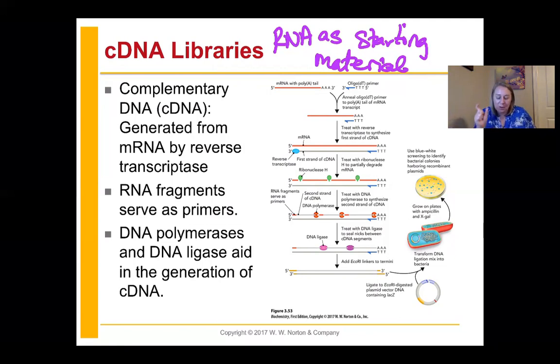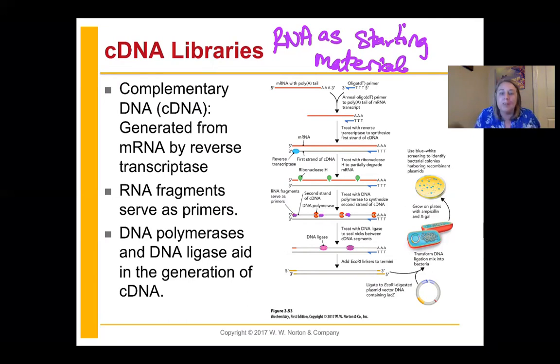And then we use what's called ribonuclease to go in and basically cut up the RNA, because really what we want in the end is DNA because it's more stable. And so we have a complementary strand, and then after this ribonuclease goes in, we only have little fragments of RNA left, and that's these orange pieces right here.